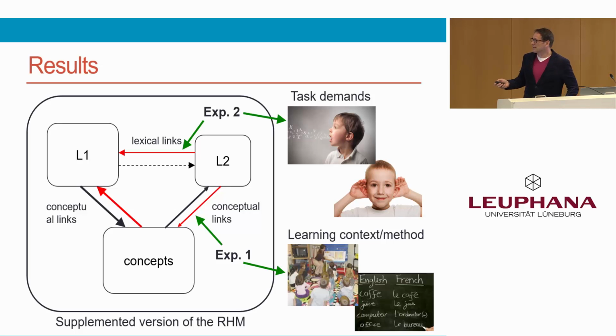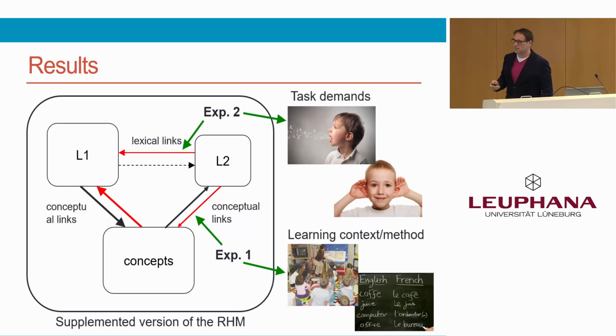Okay? So evidently the learning context or the learning method has a clear impact on the way basically the model in your head is formed and whether links are strengthened or not. Okay? And this is what I'm going to use as a cue for the next part of my presentation. Okay?